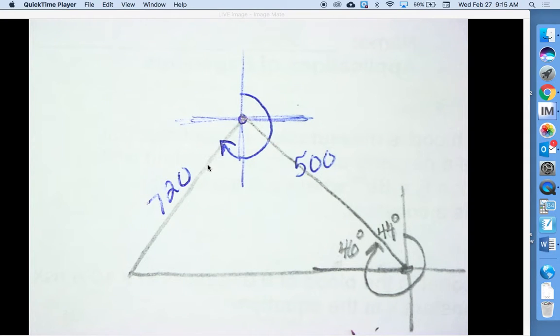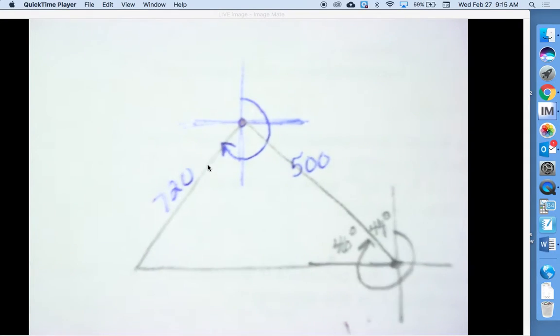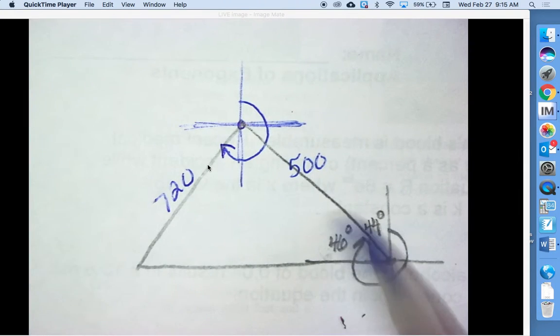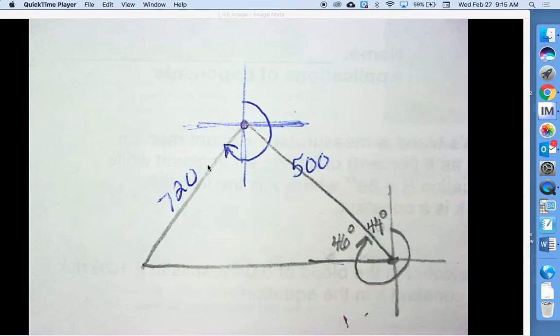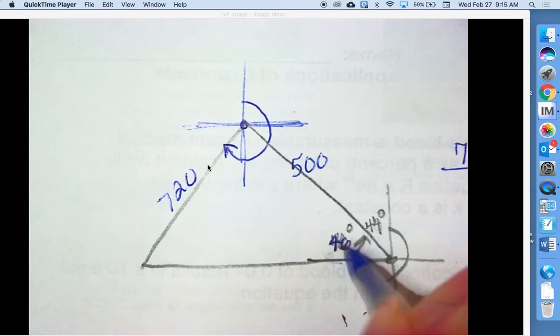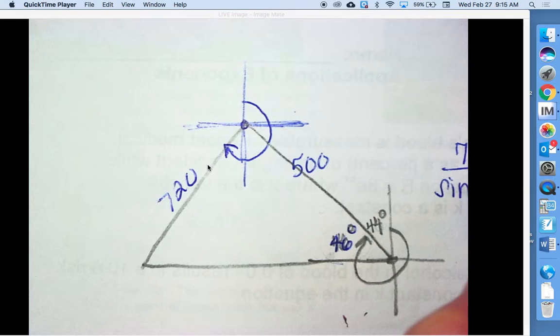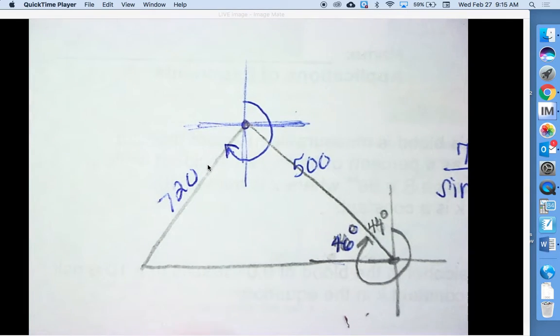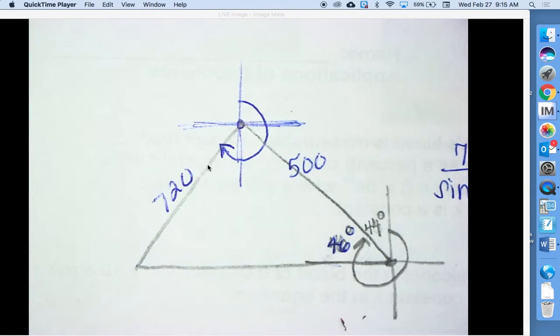Jacob? We have the angle A, which is the bottom right. Yeah, so we have the bottom right, and across from it we have its side distance of 720, and this is 46 degrees, so we'll take the sine of 46. What else can you find, Jacob?